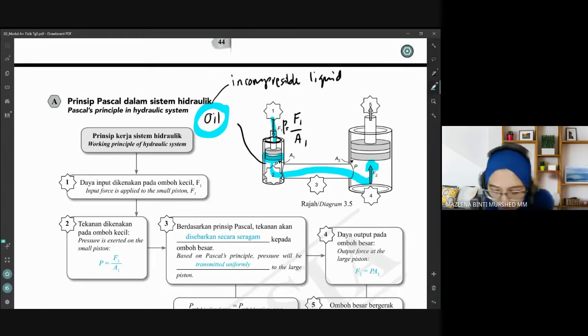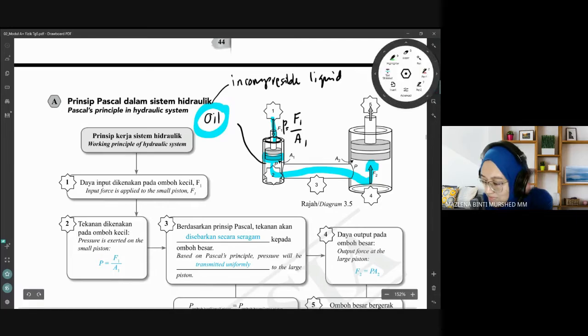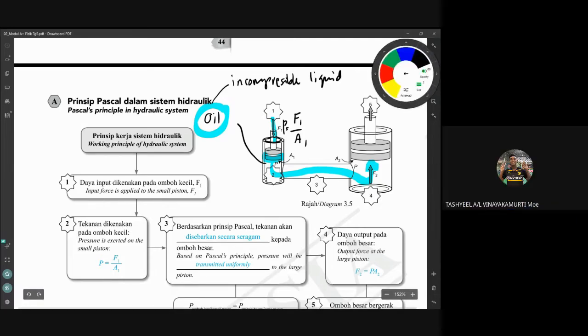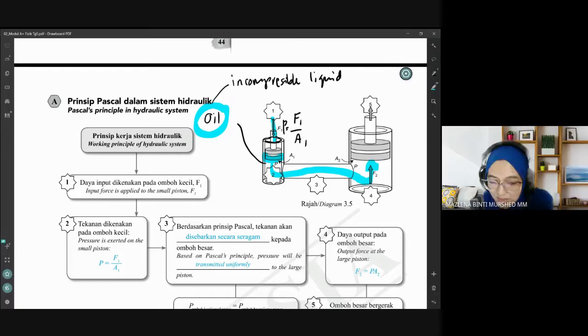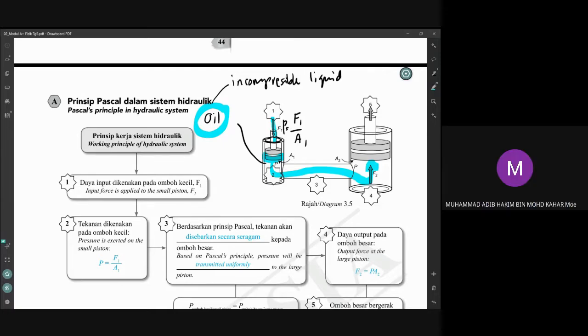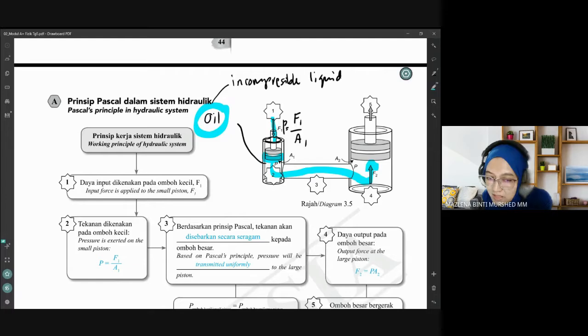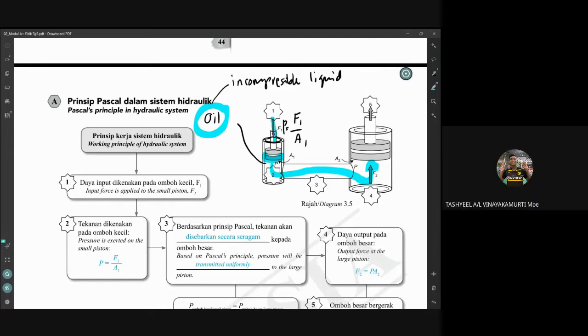Why the same pressure? Because pressure will be transmitted equally in all directions due to Pascal's principle.